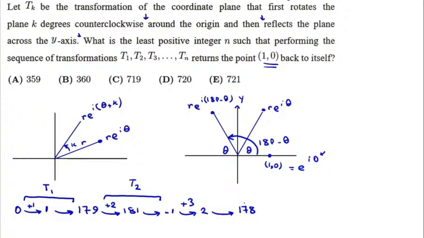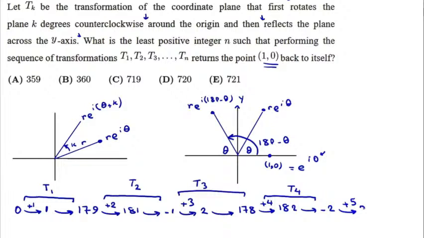What plus this is 180? So it is T3. T4 plus 4 is 182. And then this plus what is 180 minus 2? It is T4. The next one, plus 5 is 3. Plus what is 180?